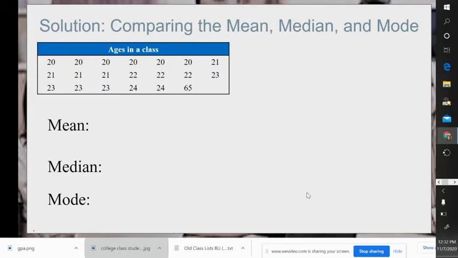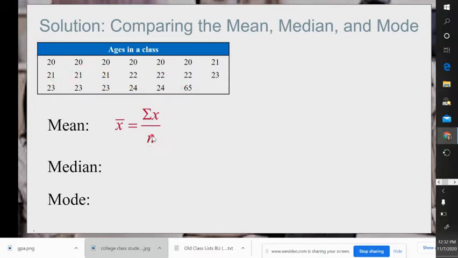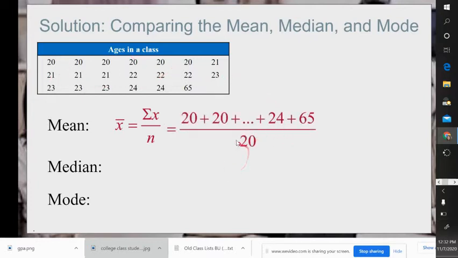So to find the mean, right? The mean of this sample is when you add up all the entries, all these guys, and then divide by the number of entries. So you grab a calculator and you add all those up and you divide them by 20. Now you'll notice this little dot, dot, dot.